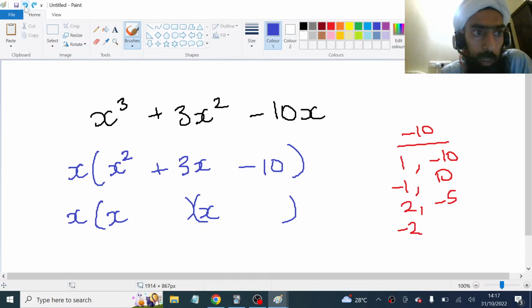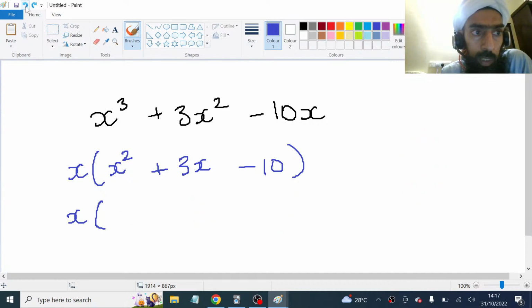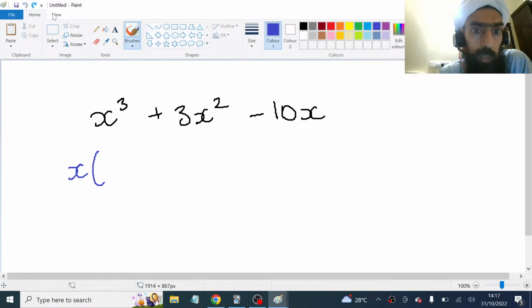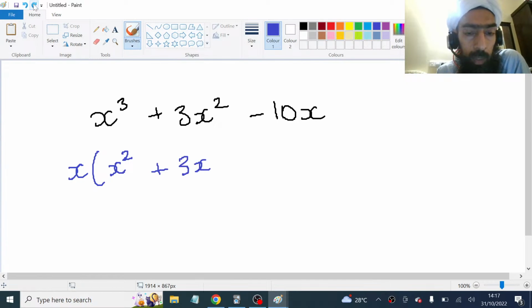Okay, just watching that again slowly, see if you can guess the next step on each line now. So x cubed plus 3x squared minus 10x, noticing that x was the common factor. Then can you remember what comes next in each part of the bracket? First comes, to get the x cubed, x squared. Then came 3x to get the 3x squared.